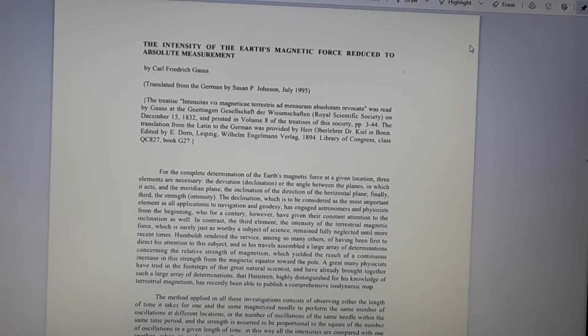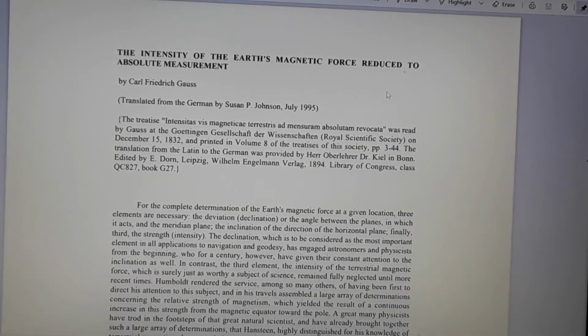So I'll just read you the introduction. The intensity of the Earth's magnetic force, reduced to absolute measurement by Carl Friedrich Gauss.